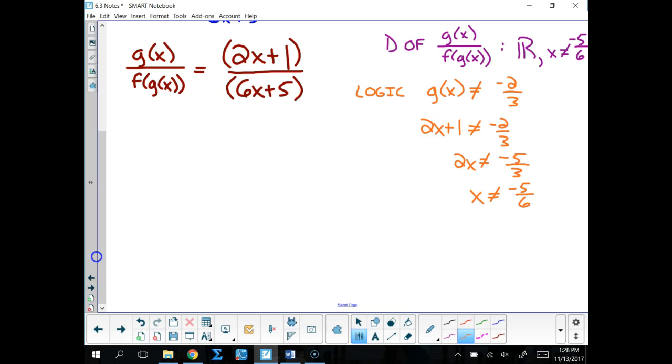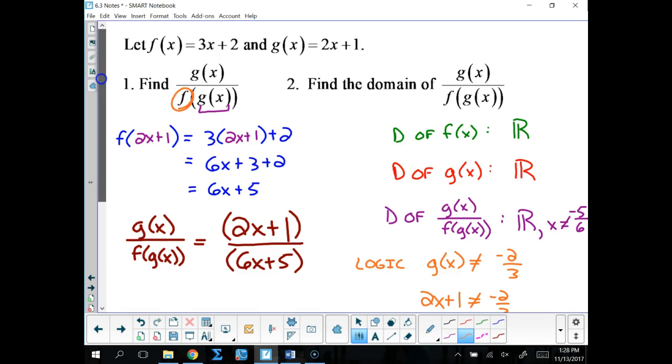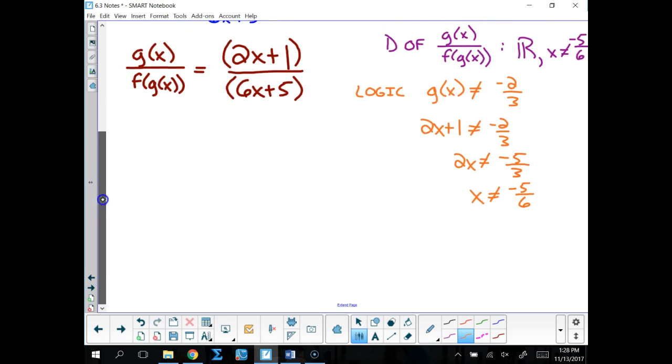Okay? We did. We already had it. But now we've confirmed that x can't be negative 5/6. And that's the only thing that it can't do. What we did there is we found what values of x, I should say, after we plug it in to g, would make f 0.